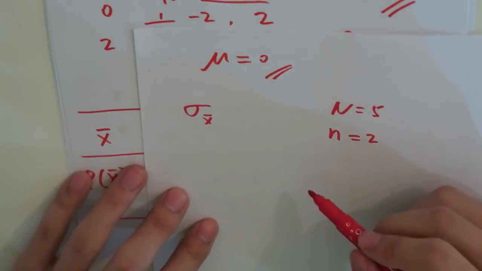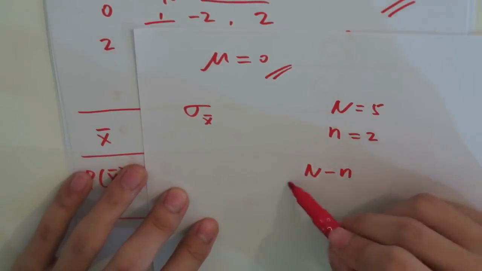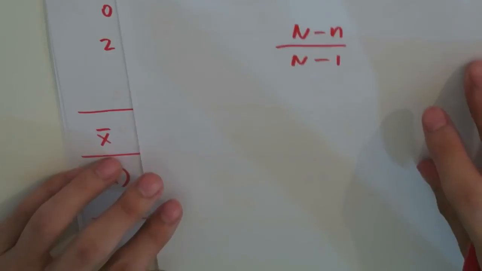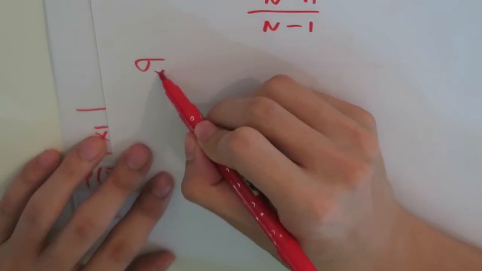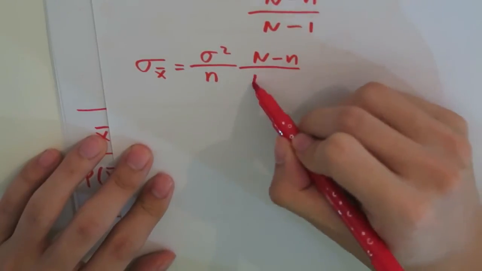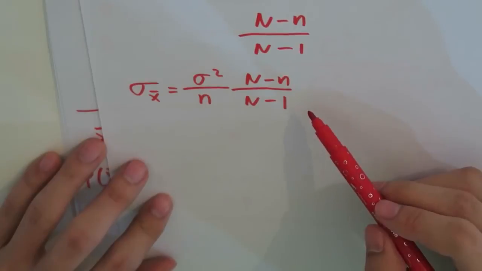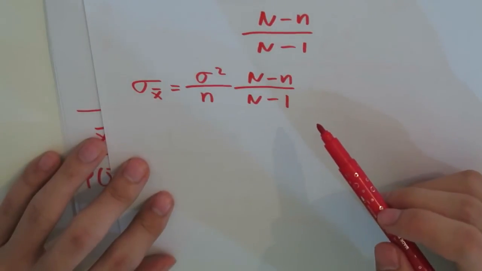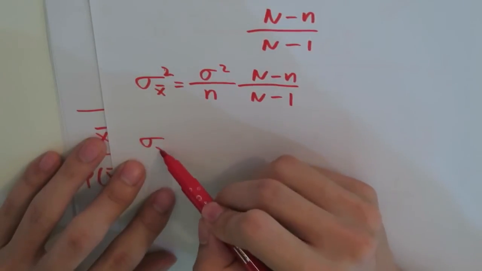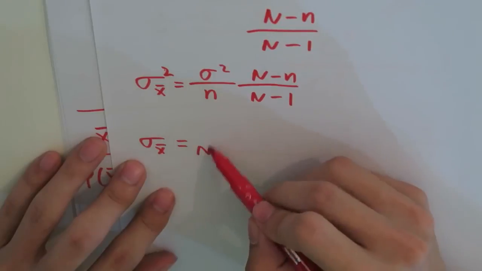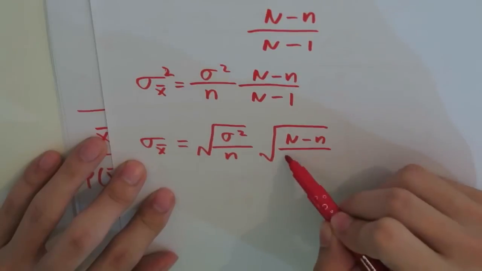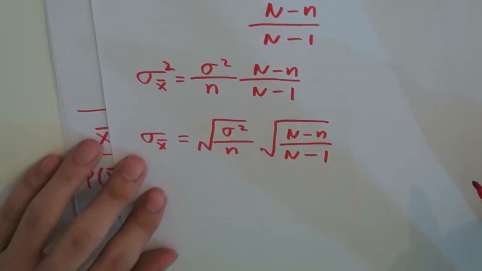So in this case, we need to consider the finite population correction factor. Okay, if you refer to the formula sheet, we have this formula with the finite population correction factor. Okay, so the new standard error is actually this one.